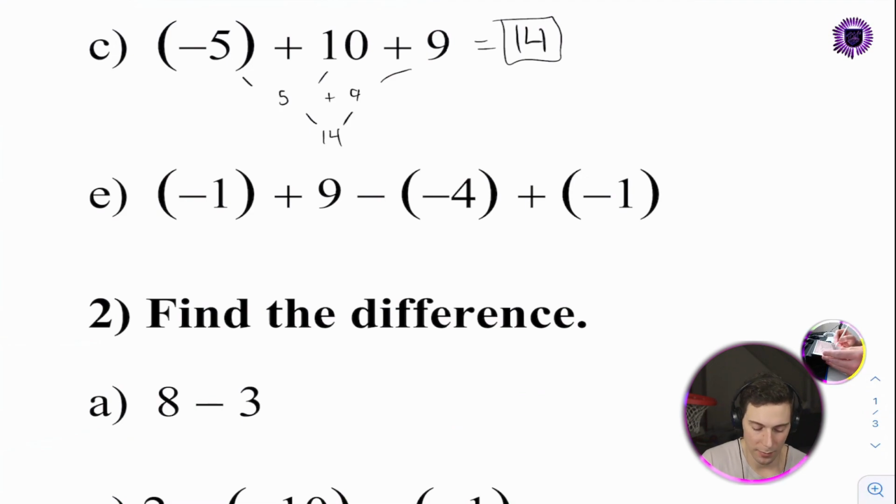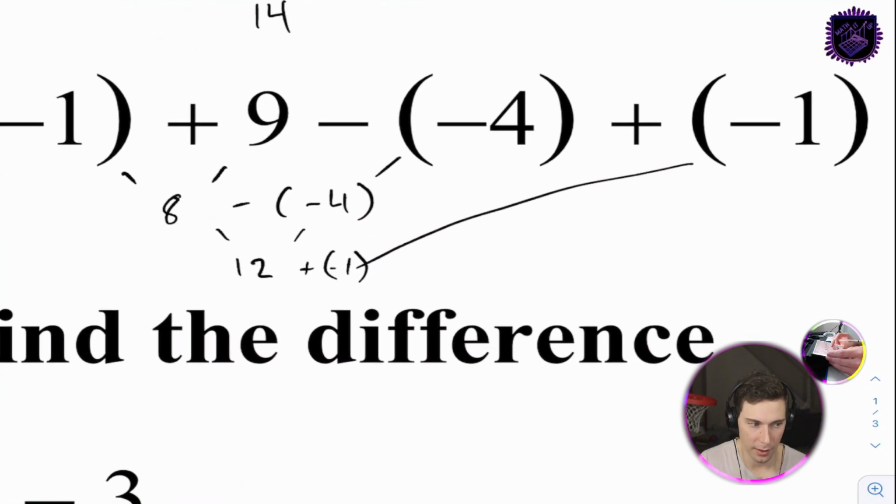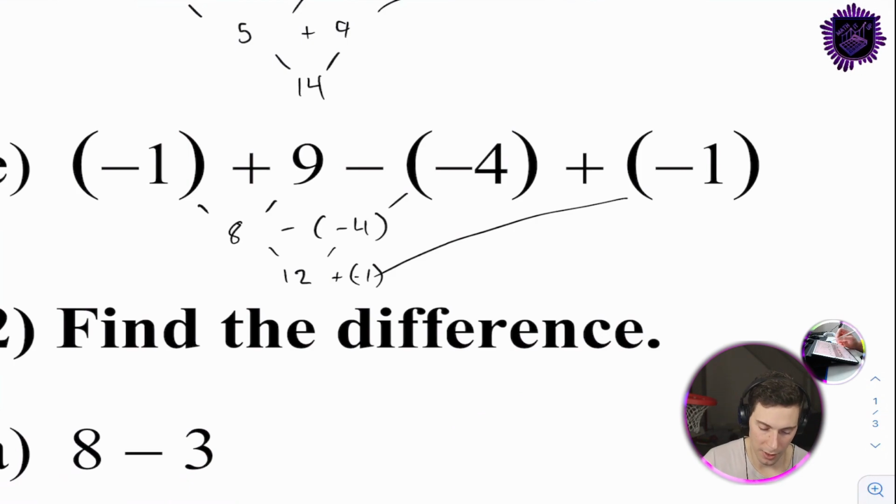All right, so -1 plus 9. So this is going to be 8, +8. Subtract -4, subtract -4. And this is going to be, subtract a negative is like adding a positive, so that's going to be 12, +12, and then we're adding a -1, adding a -1, and then I'm just going to erase this line here.